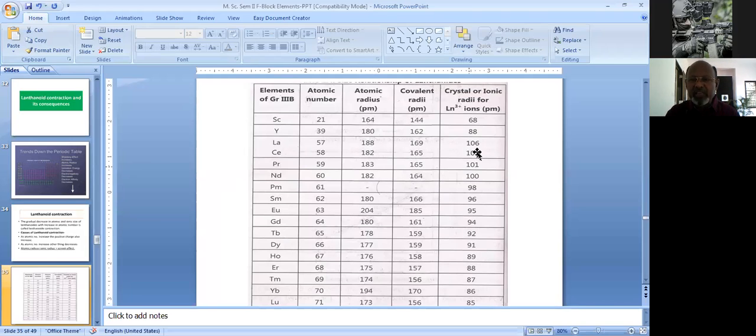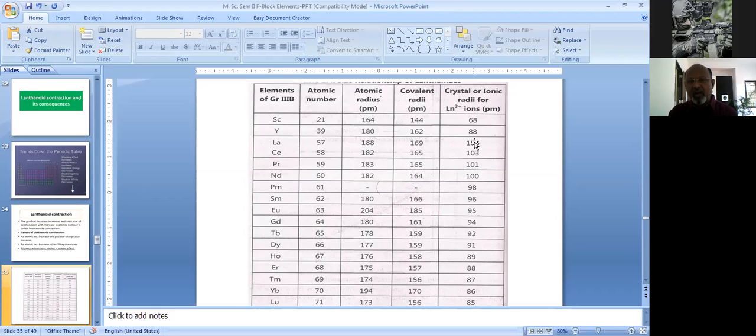So here we can see the shrinkage in atomic dimensions, that is the ionic radii, or the atomic radius from lanthanum to lutetium. So lanthanum is biggest in size, lutetium is small in size. Same is true for ionic radius.